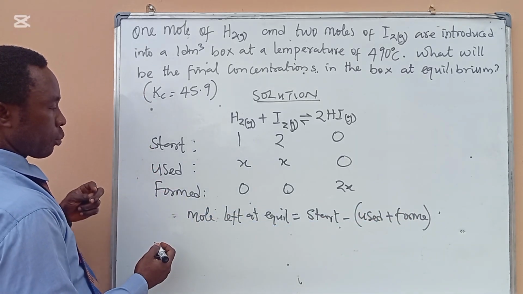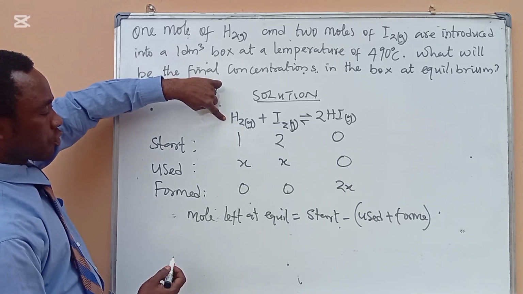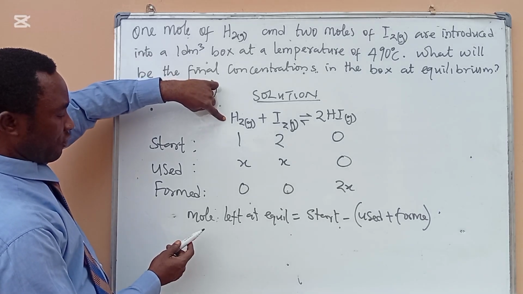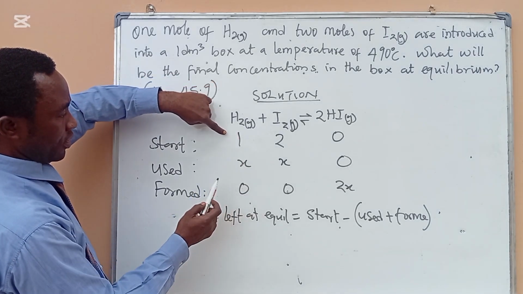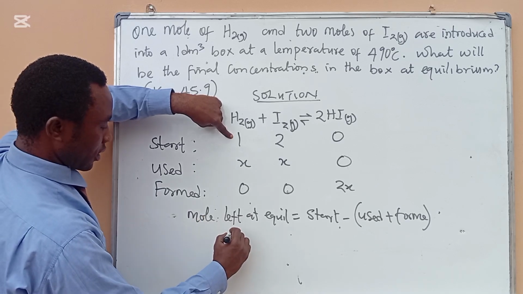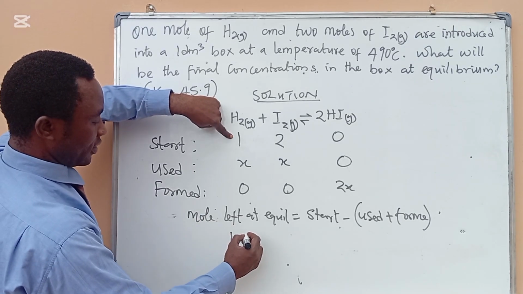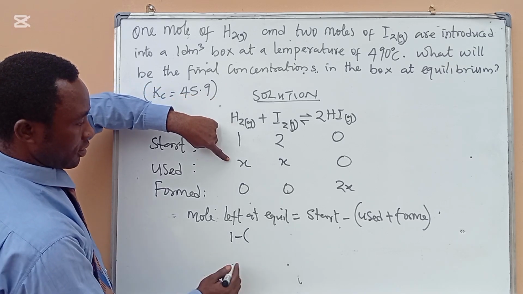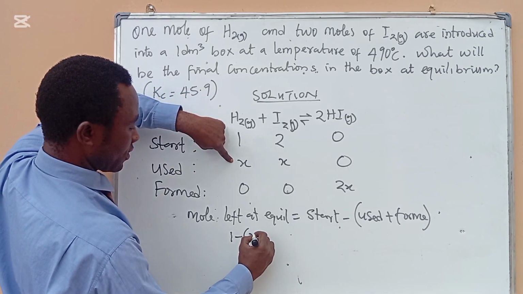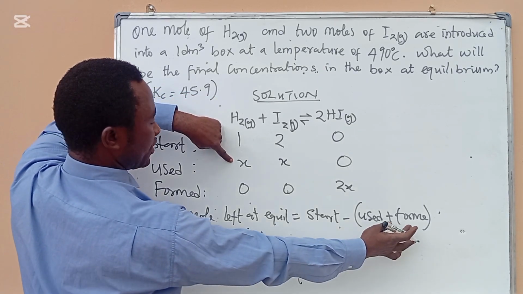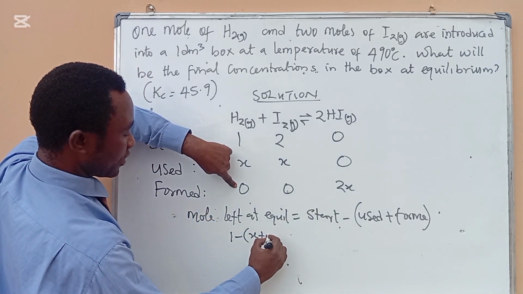So if we come to hydrogen, the mole left for hydrogen here will be the start, which is 1, minus the used, which is X, plus the formed, which is 0.